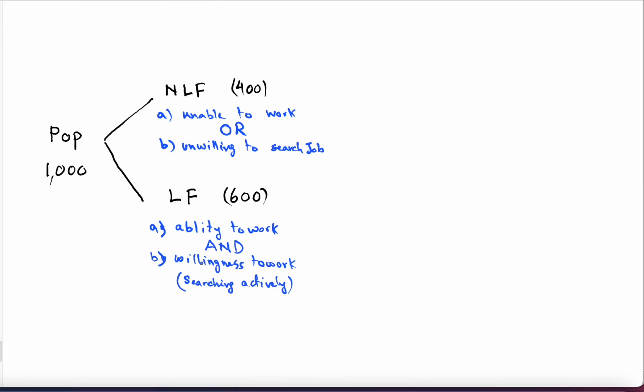So if some person is able but is not willing, they come to here. If a person is not able but willing, they also have to be here, and if not able and not willing, they come here. That's the way that we make a distinction. So those 400 people are either too young or too old or too sick, so they are unable, or they are not willing to go to work.